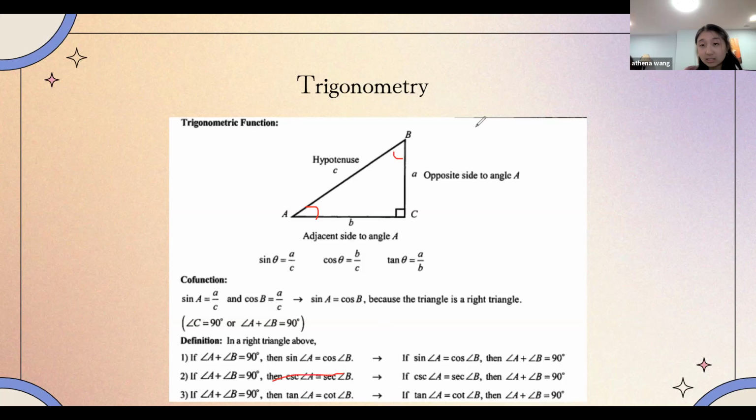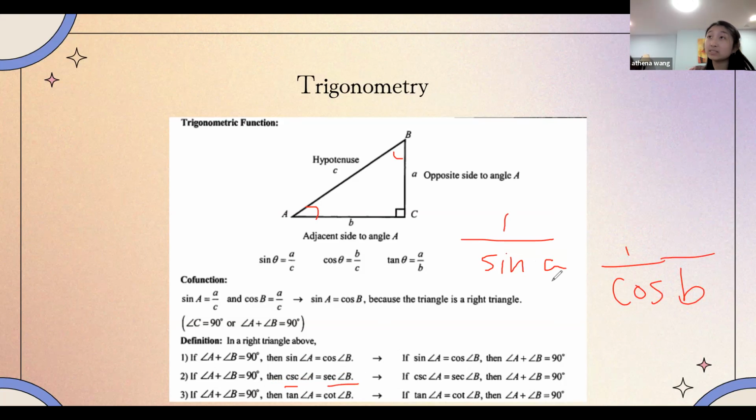If those two add up to 90, we also know these other functions. These other functions are not really tested on the SAT as much as sine and cosine, but just know that cosecant is 1 over sine of A, and secant is 1 over cosine of B. These are not the same as the inverse functions, like arcsine, which takes a ratio of the sides to convert it to an angle.